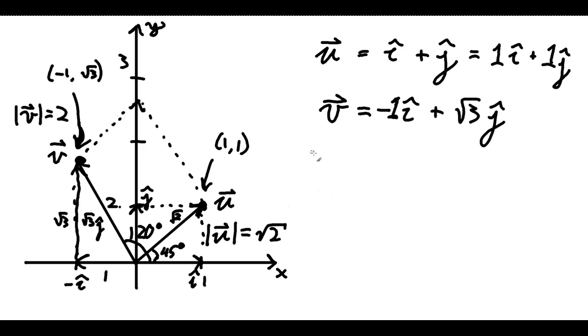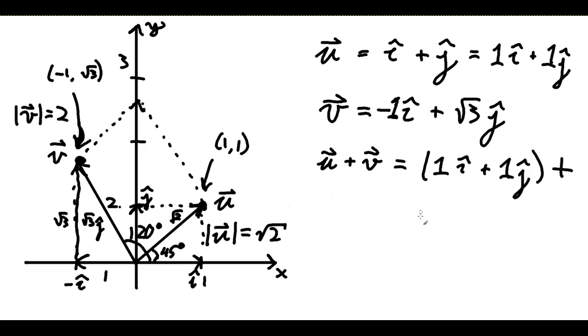So if we want to consider the vector sum u plus j, I keep doing that. I don't know why. I'm sorry. u plus v. Well, the vector u is 1i plus 1j. The vector v is negative 1i plus radical 3j.